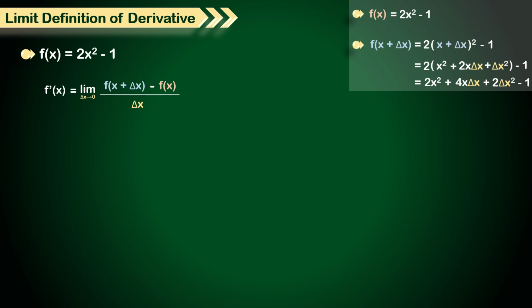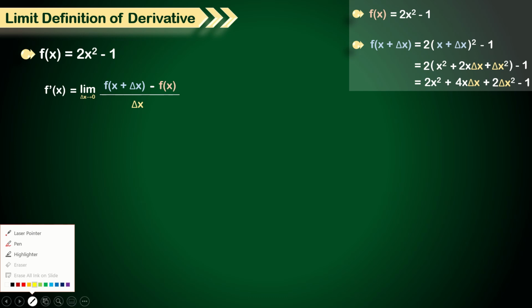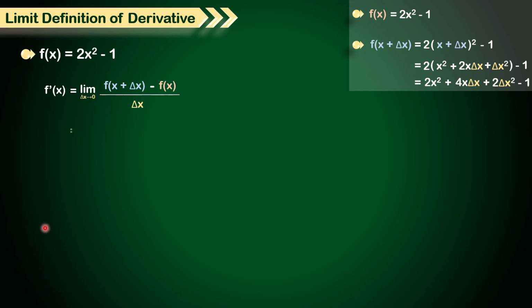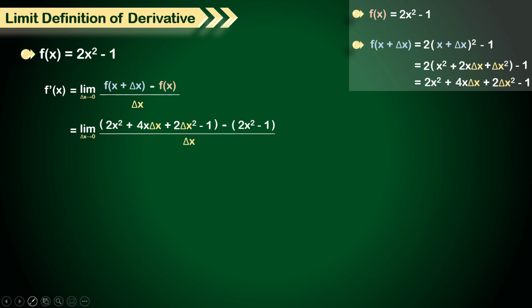Substitute f of x plus delta x and f of x to the equation. It is equal to the limit of f of x plus delta x, which is 2x squared plus 4x delta x plus 2 delta x squared minus 1, subtract f of x, which is 2x squared minus 1, all over delta x as delta x approaches 0.